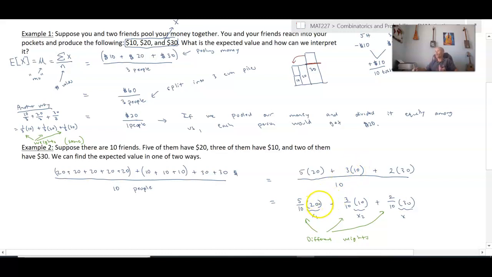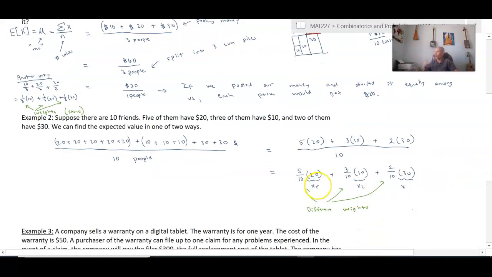Or I can just say there are really only 3 distinct values and I multiply them by their corresponding weights. Now, I'm not actually going to produce the result here because the point is that if I know that there are 3 amounts, I can just multiply each value by its corresponding weight to come up with the mean.